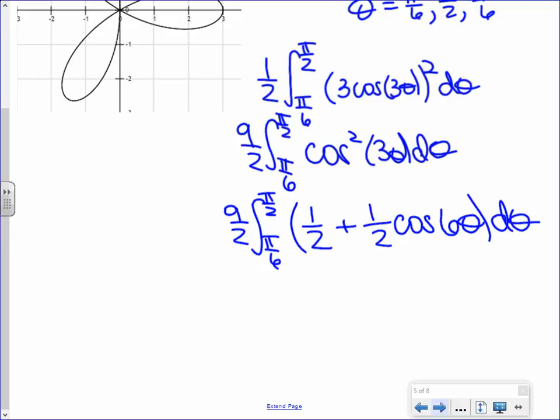Good. So we have 9/2 times theta over 2 plus 1/12 sine of 6 theta.